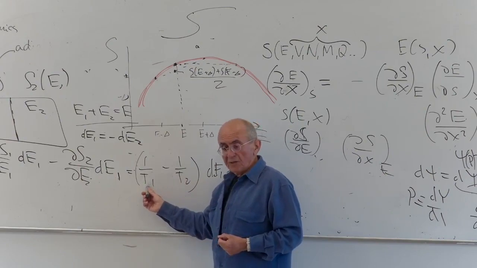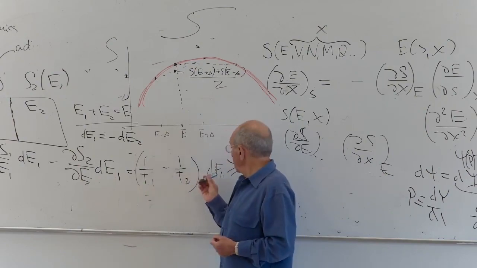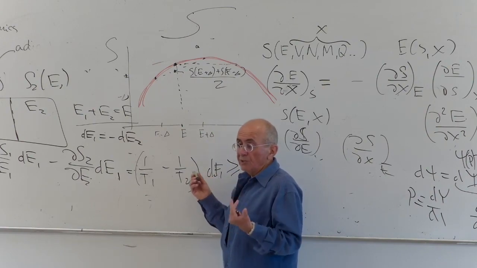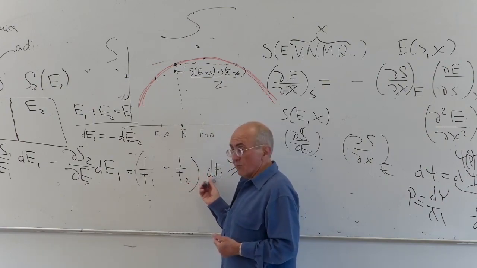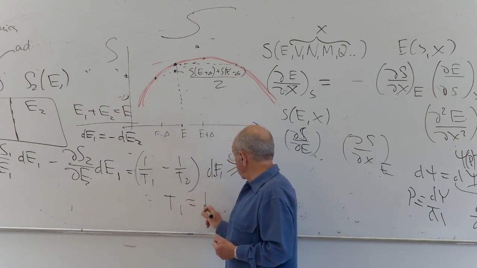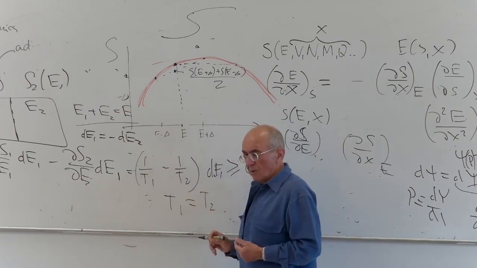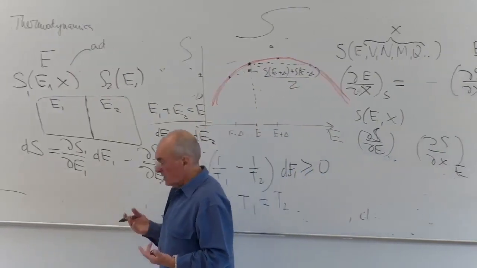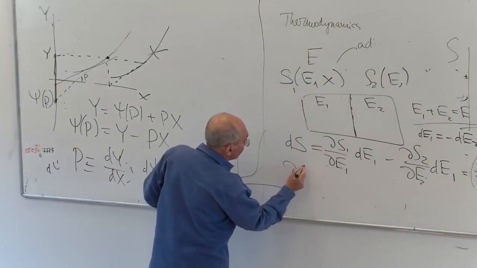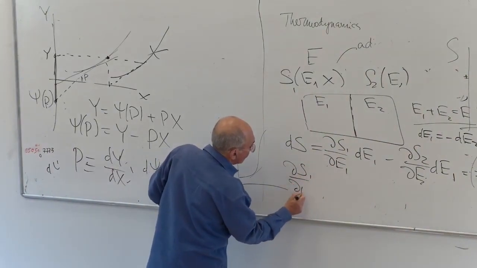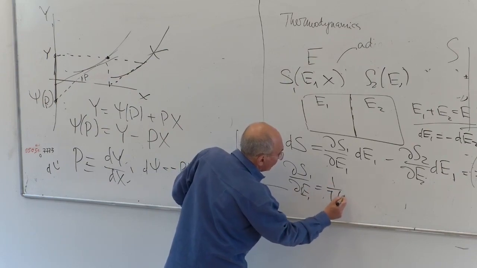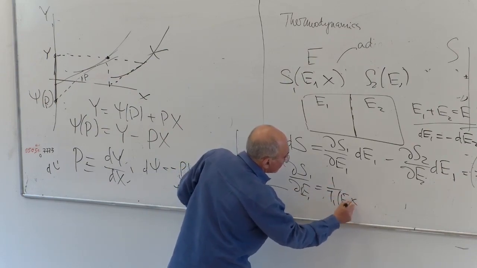Indeed, if this has a lower temperature, its energy is increasing. And in equilibrium, it must be 0, which means T1 equal to T2. Okay? And that's how it works. You have this function, you differentiate dS1 over dE1, you obtain 1 over T1, and it's a function of E and x.